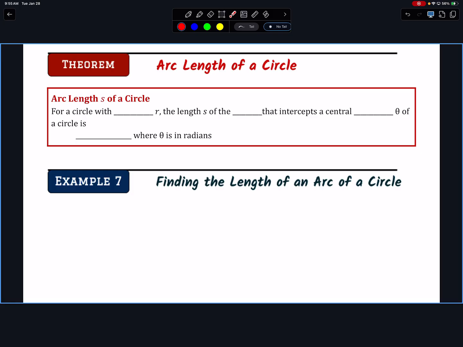For a circle with radius r, the length s of the arc that intercepts a central angle theta of a circle is s equals r theta, where theta is in radians.